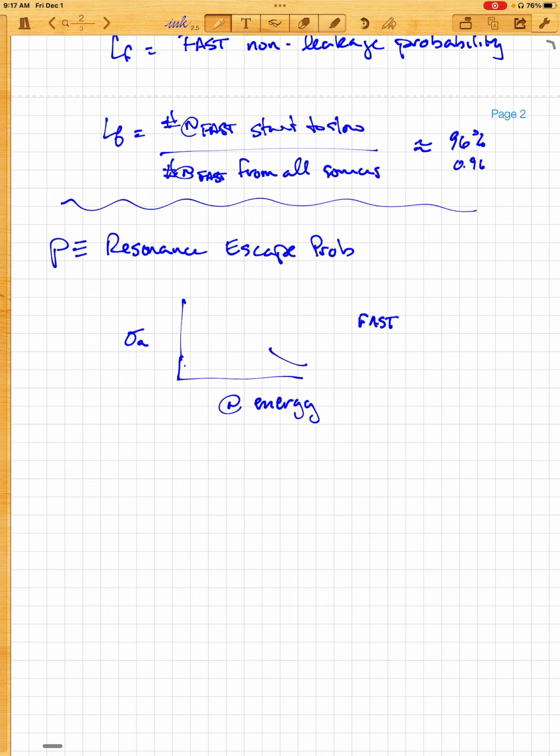Not easy to catch a fast neutron, but it starts slowing down into the intermediate range. Now all the materials are going to be a little different, but they're all going to look like this, right? They're going to spike, usually right here in the intermediate range. And then it gets a little easier to catch when they're in the slow or thermal range. And that's going to be this region right here.